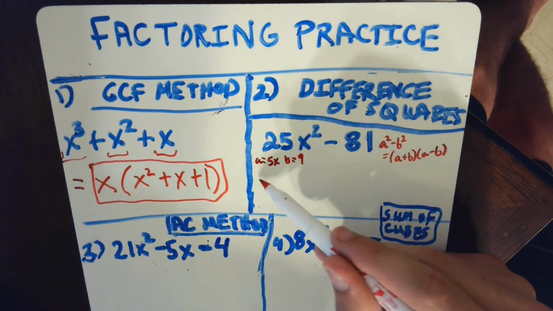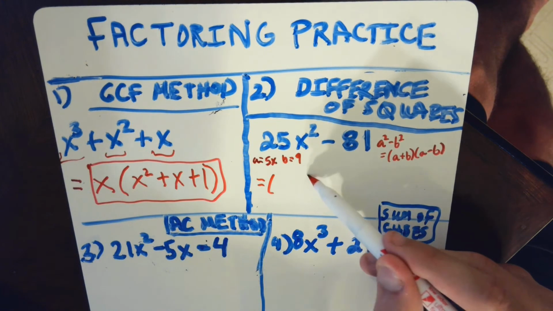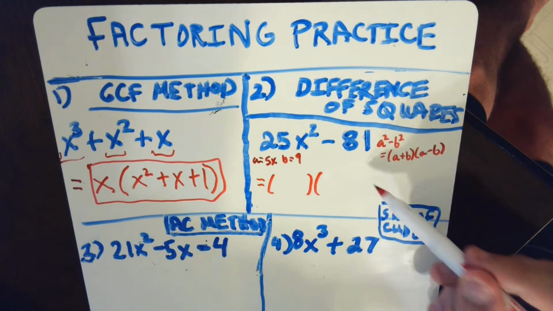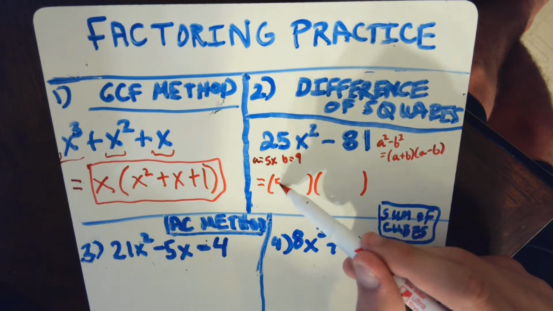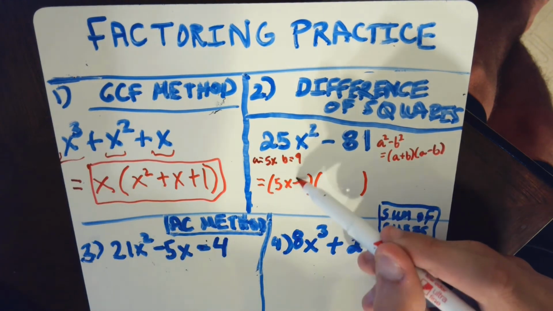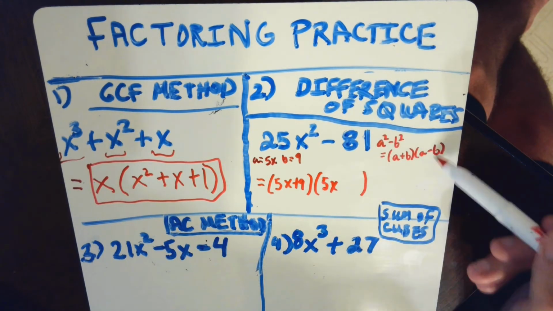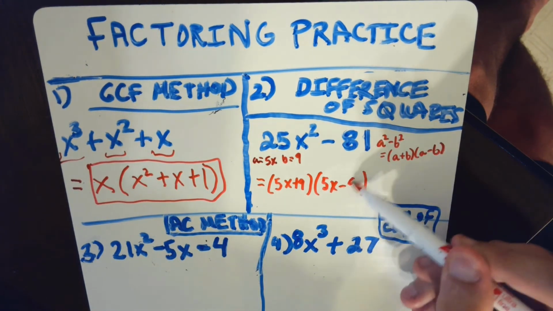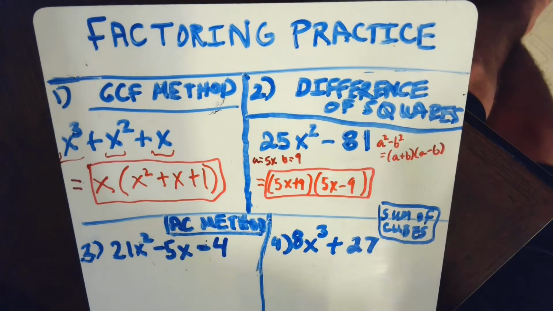Therefore, this just factorizes as a plus b times a minus b, and remember a is 5x, so it's 5x plus 9 and 5x minus 9. So we fully factored that problem with the difference of squares method.